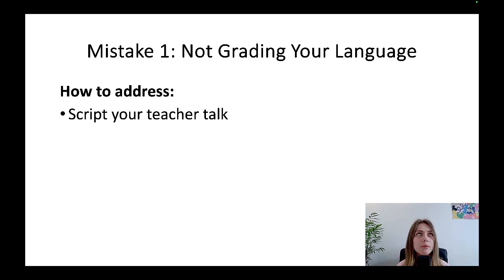So they go, oh, I will tell the students to check in pairs. Oh, I will tell them to read the text. That's not scripting. Scripting is using direct speech. In your lesson plan, you go, teacher says, read the text. Teacher says, check your answers. That's scripting. And as annoying and time consuming as it is, it's very useful.